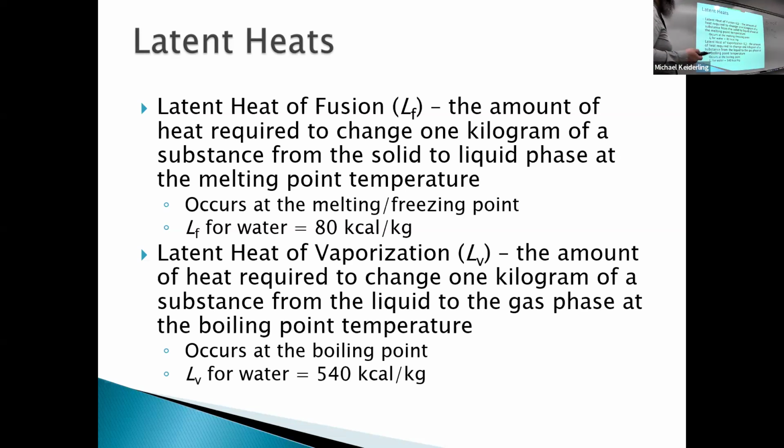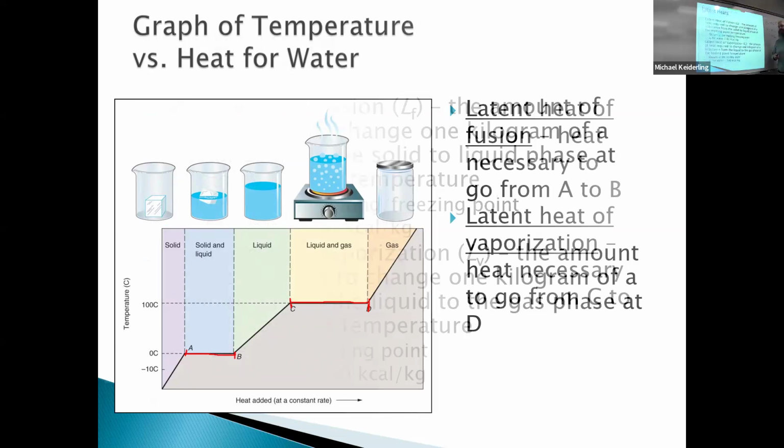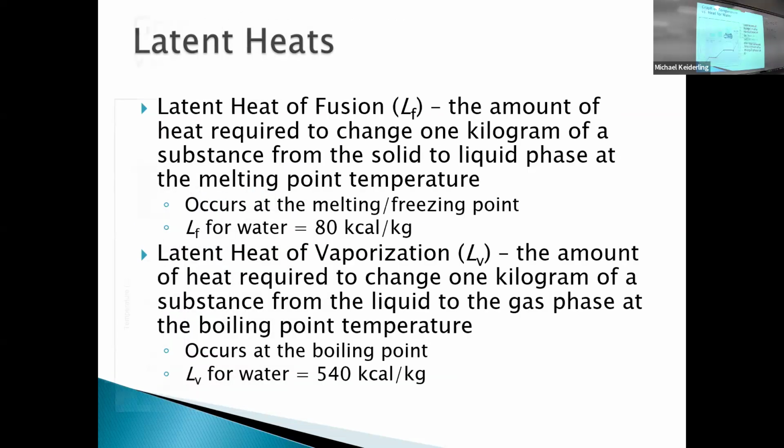As you can see, the latent heat of vaporization is a lot bigger than the latent heat of fusion, because it takes a lot more energy to totally free the molecules from a liquid, turning it from a liquid to a gas, than to just loosen them up from a solid to a liquid. Now it's possible to go directly from solid to gas and such, and that would have an appropriate latent heat.